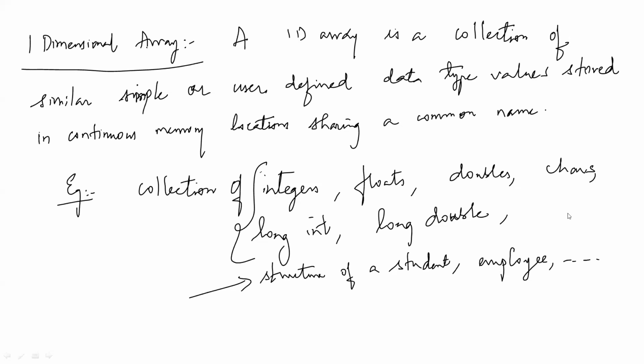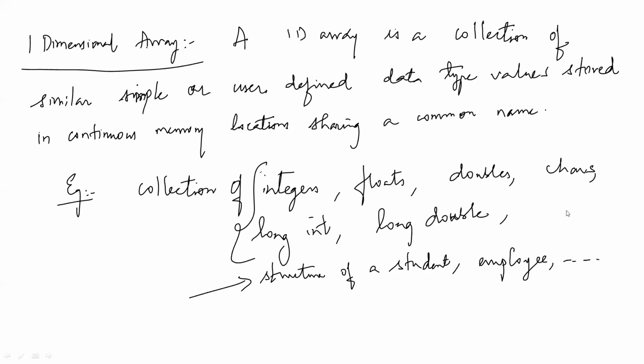Collection of predefined data type values or collection of user defined. It cannot be a collection of an integer and a student combined together. It can be collection of integers, collection of floats, collection of doubles, collection of long integers, collection of long doubles, collection of students, collection of employees, right?